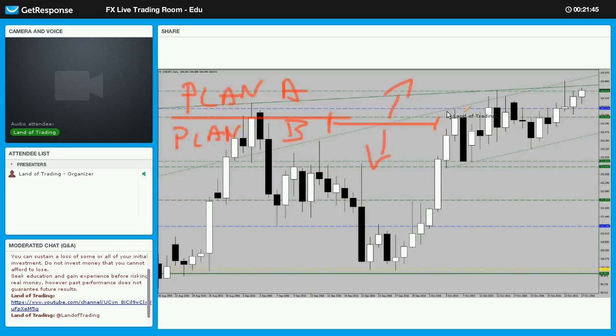So plan B is telling me that we have very strong possible demand around 104, all right? And then around 103.60, based on the bottom of the channel, that's another one. And to be honest with you, if I'm correct about the channel, I prefer to buy the dips towards 103.60.